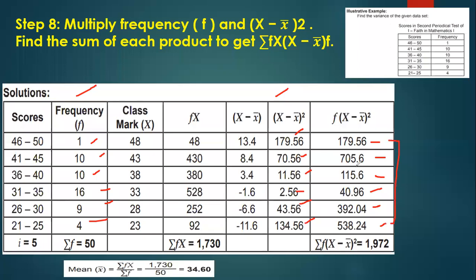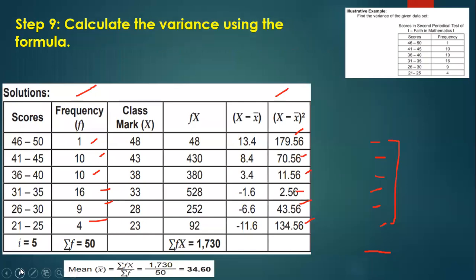So you need to add all. The sum of frequency times x minus x bar squared, the answer is 1972.